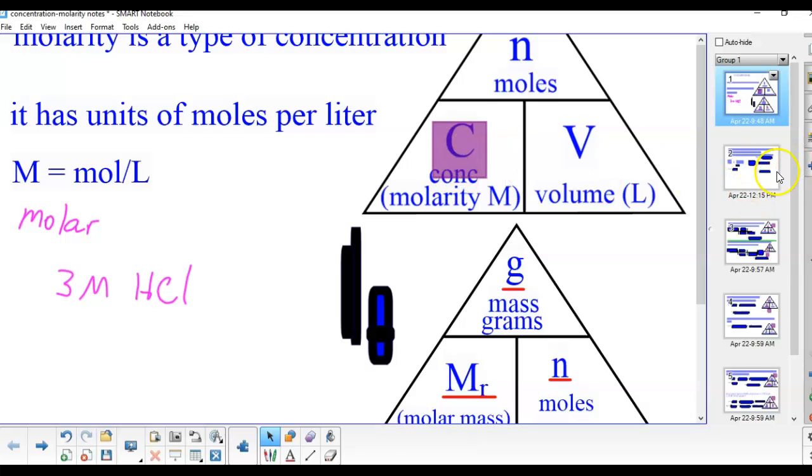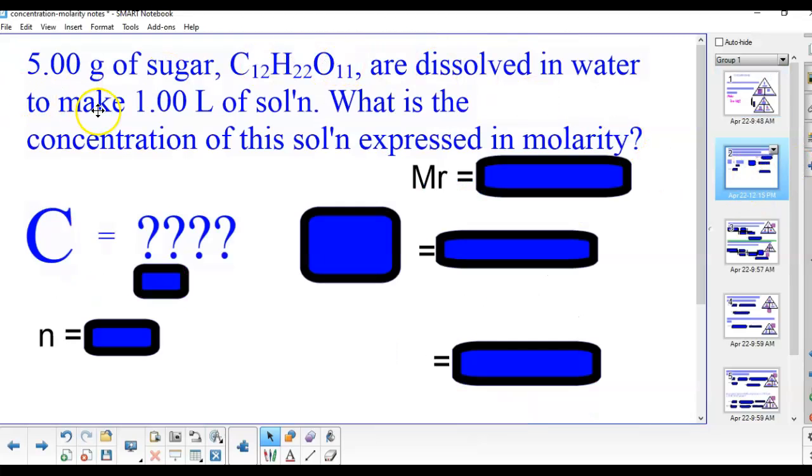Let's take a look at our first problem. Here we have 5 grams of sugar. Here's the formula for sucrose, or sugar, dissolved in water, and we're going to make 1 liter of solution. How would we find this concentration if we expressed it in molarity? Well, we need to remember that concentration is moles divided by volume.